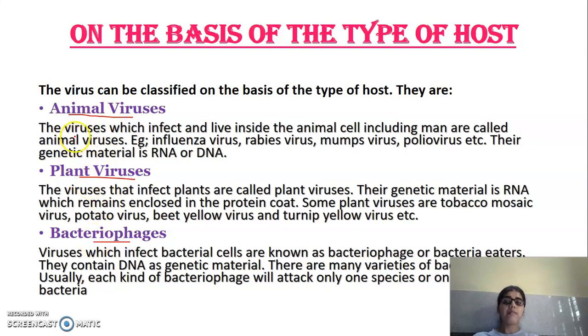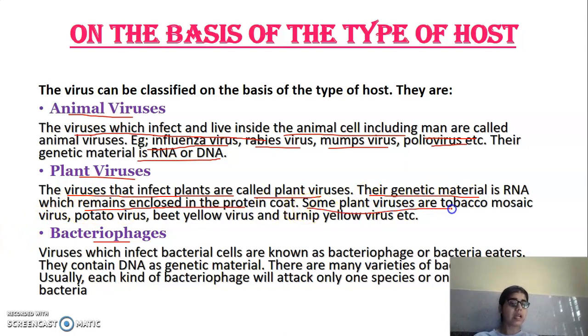Animal viruses are the viruses which infect and live inside animal cells, including humans. Examples are influenza virus, rabies virus, mumps virus, polio virus, etc. Their genetic material is RNA or DNA. Plant viruses are the viruses that infect plants, and their genetic material is RNA, which remains enclosed in the protein coat.